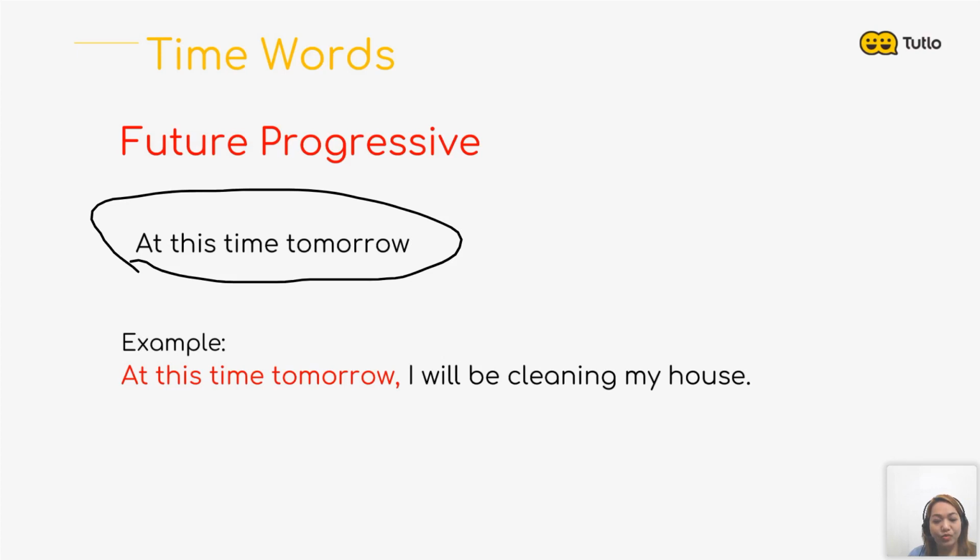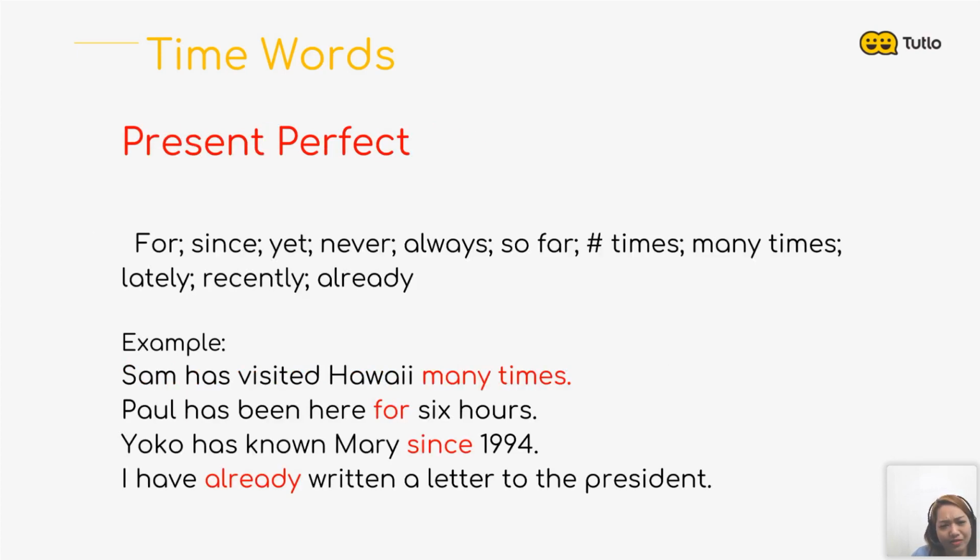Okay. Next would be present perfect. Yeah. This is another tense of verb that's really confusing. Of course, for present perfect, as you know, we can use the words for, since, yet, never, always.